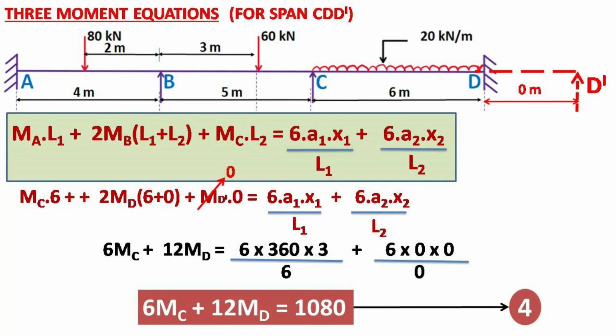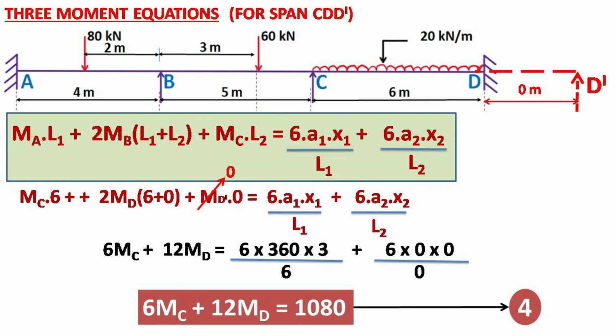Considering span CD as 1 and DD dash as 2, we are substituting all the known values in the equation. Now, the equation becomes 6 times MC plus 2MD times 6 plus 0 plus MD dash times 0 equals 6 times 360 times 3 divided by 6 plus 6 times 0 times 0 divided by 0. Here x1 is the distance of the centroid of the first figure from C and x2 is the distance of the centroid of the second figure from D dash.